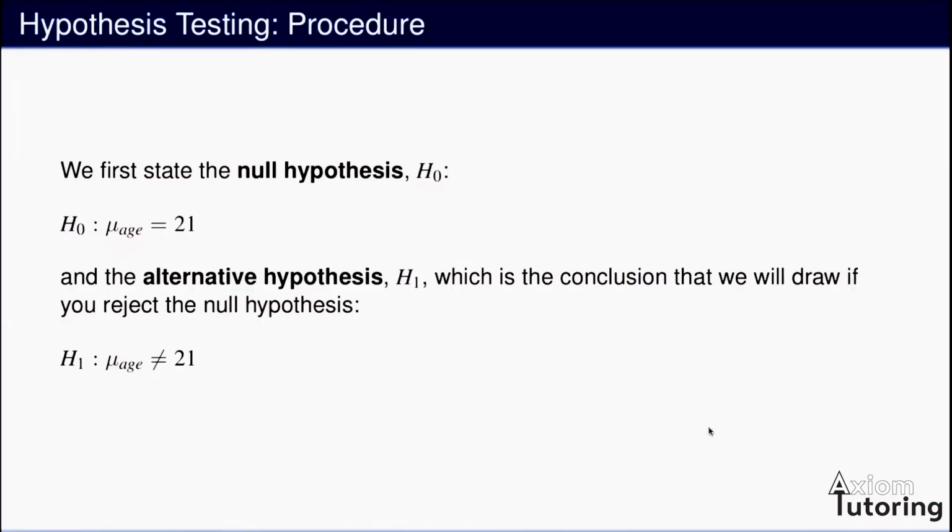And the alternative hypothesis is just the conclusion that we will draw if we reject the null hypothesis. So in this case, the alternative hypothesis, which we denote as H1, is that mu age is different from 21. Okay, so whenever you want to test a hypothesis, you start with a null hypothesis, and then you take the negation of your null hypothesis, and that will give you your alternative hypothesis.